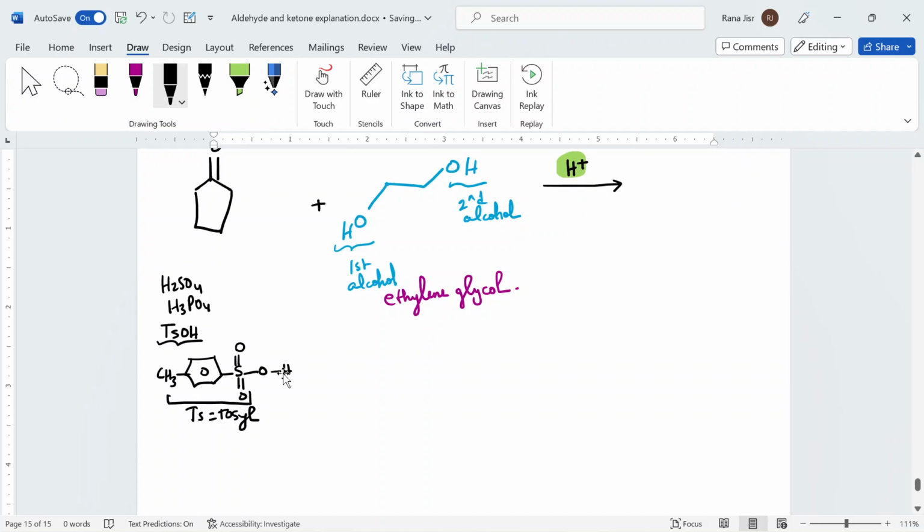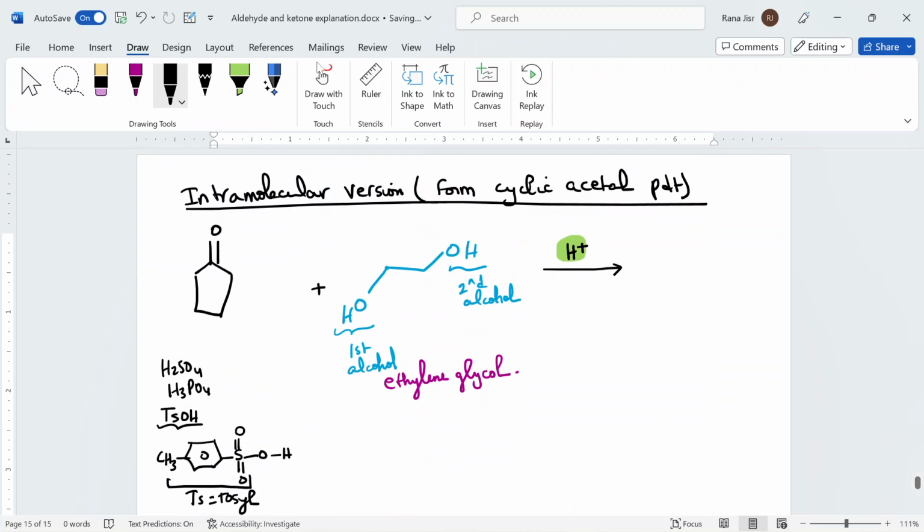And if you couple that with the OH, then it's going to be called para-toluene sulfonic acid. Normally, this is the best acid that is used in these types of reactions. So we use the TsOH in there. The TsOH will still release an H plus, so you can work with the H plus.